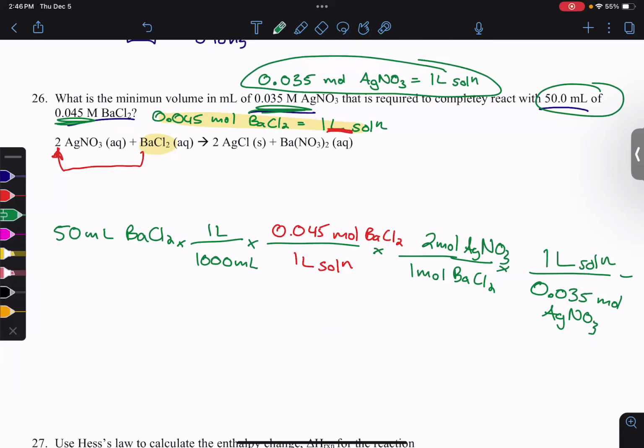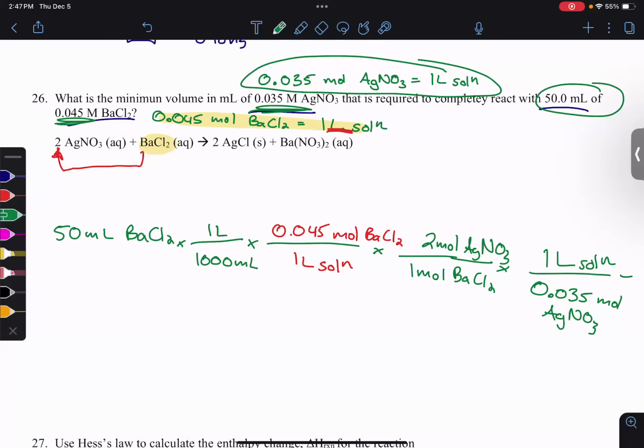If you try to use M1V1 = M2V2 for titrations, you will be wrong, okay? In this question, if you used M1V1 = M2V2, because I know a lot of students who were taught that in high school, and it makes me real mad, because M1V1 is for dilutions. Is a dilution happening here? This is a reaction.